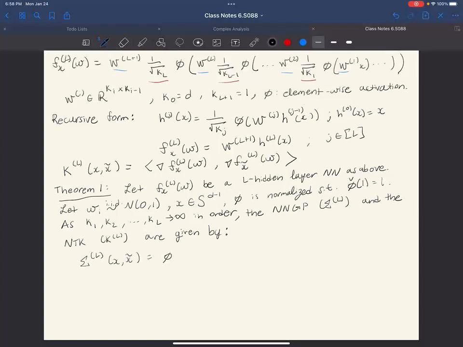This is just the dual of sigma_{L-1} at x and x tilde.